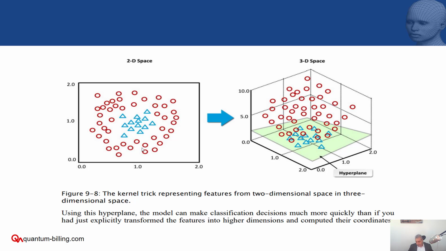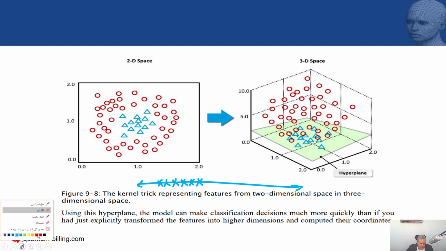Let's go with the example. Say we have a line of data, with blue points on the line and red points like that.